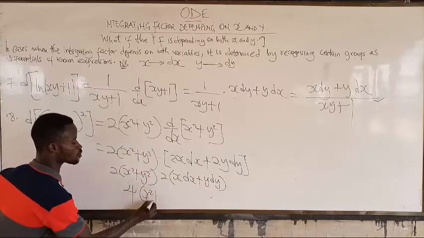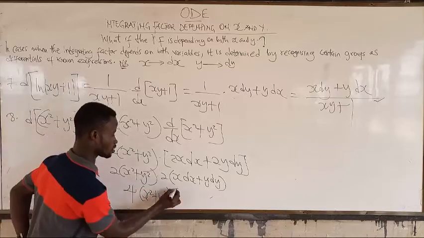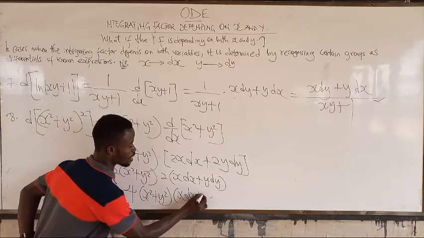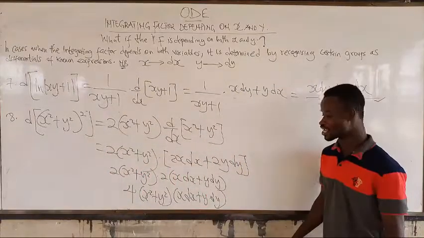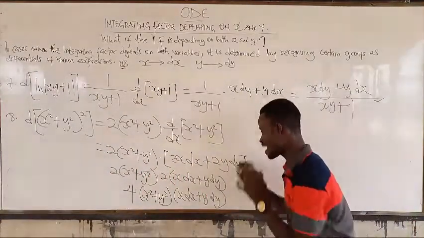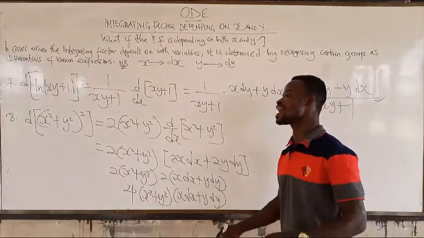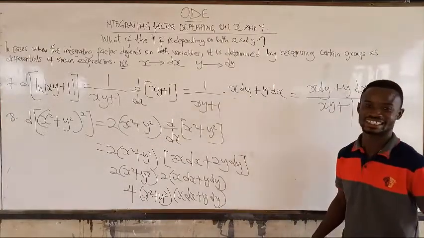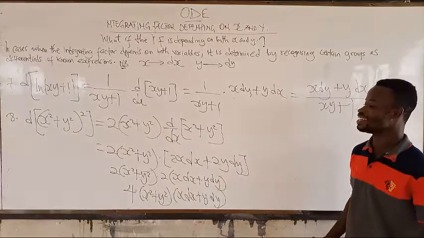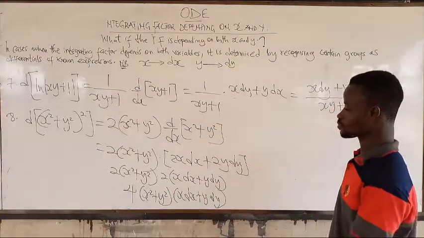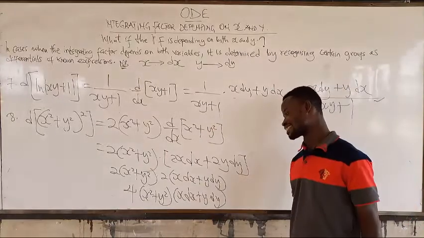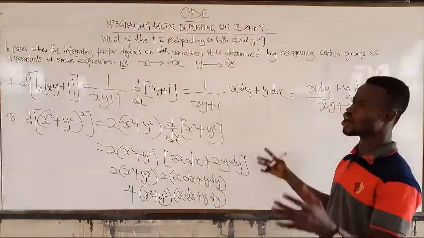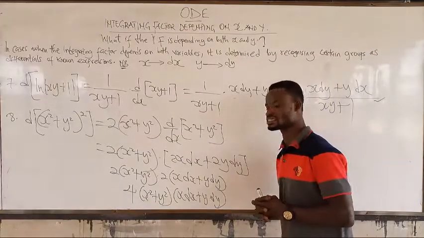So 4 times x squared plus y squared, times x dx plus y dy. Oh, marvelous. My goodness. So that is the eighth formula. That is all for that.